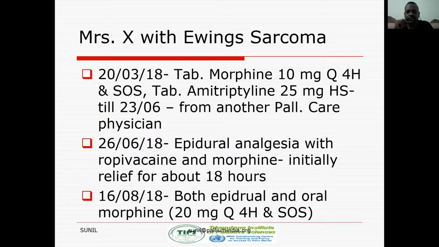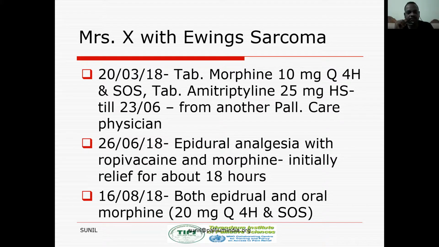But the pain was increasing, and they consulted another palliative care physician, who put her on a continuous epidural infusion of ropivacaine with morphine. Initially she had relief for about 18 hours, but gradually that interval reduced, and she was receiving about 30 milligram of morphine epidurally in 24 hours.